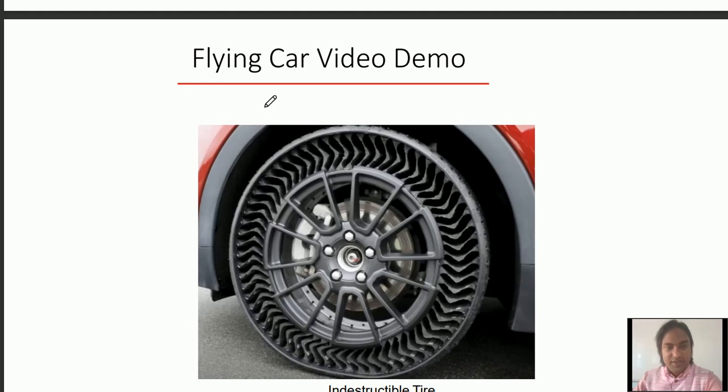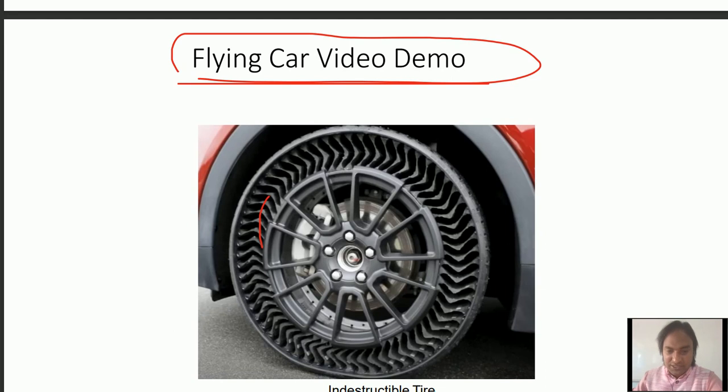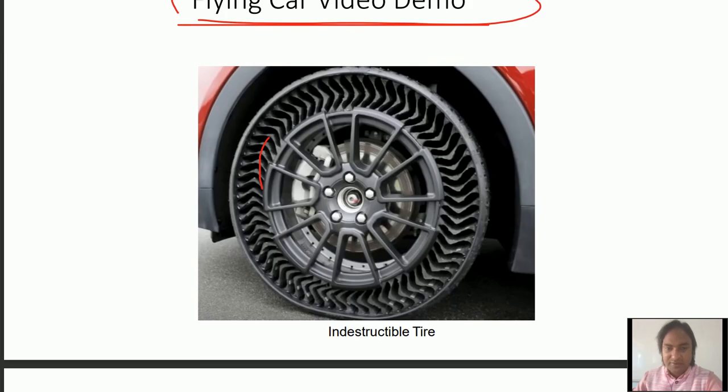Here I will show you a demonstration, but before that we see here this indestructible tire. With this, you can run on any type of road, and there is no risk of puncture of the tube. This one is pretty useful. Their designers are testing it.